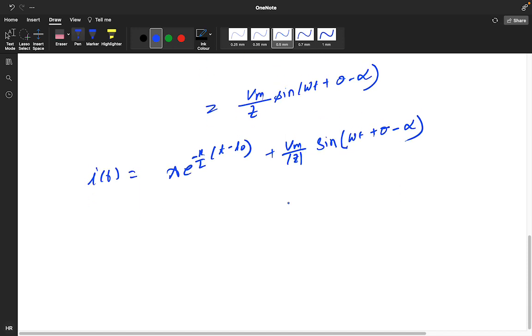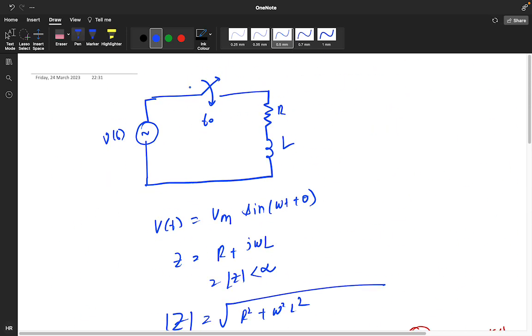Now the thing is that you know the value at t equals t naught, not at t equals 0, because we are switching at t equals t naught. Suppose we have a graph of current from minus infinity, and for 0 it has exceeded the 0 value, like 2 seconds, 3 seconds.